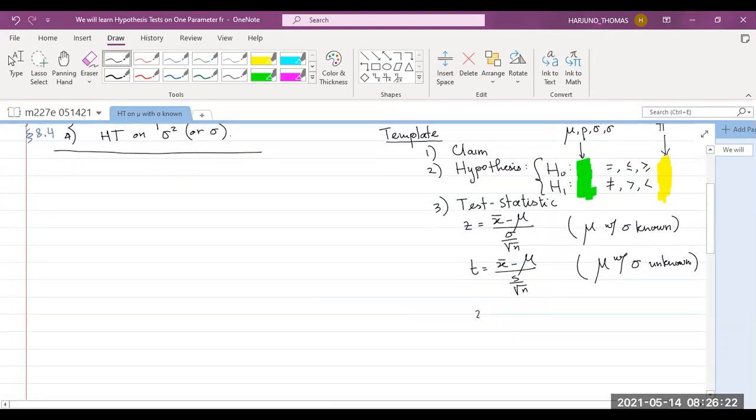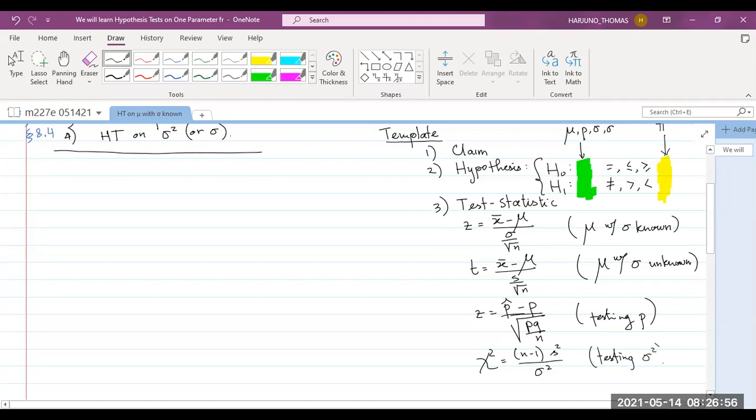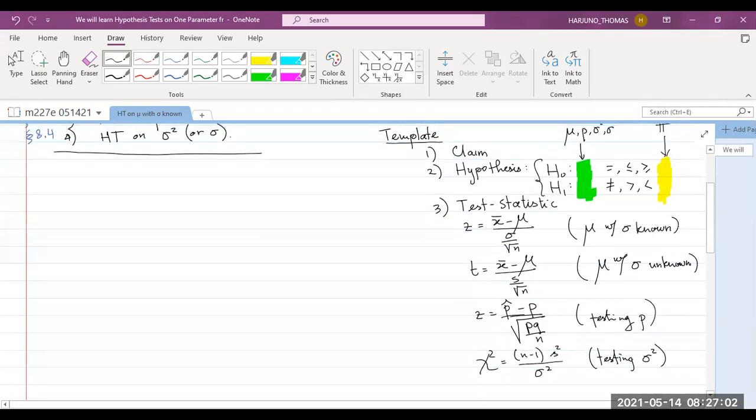Okay, and then we'll use Z score, P hat minus P over square root of PQ over N. That's when we are testing P. And it will be chi squared, degrees of freedom times sample variance over population variance, when we are testing sigma squared. And then, you know what, let me write it this way.